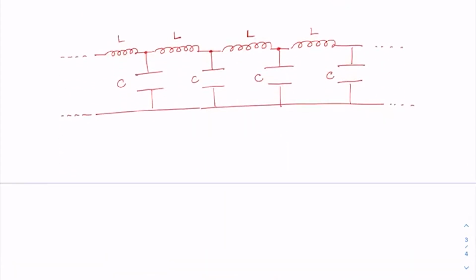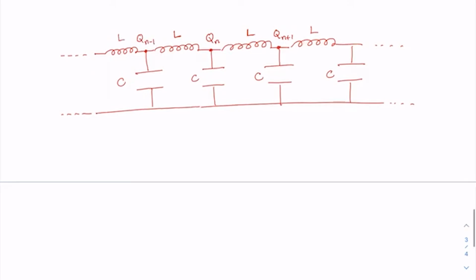Say there is a charge at every node and there is current flowing between the nodes. Say charge Q, denoted as Qn in the nth node, and in the n plus 1th node the charge is denoted as Qn plus 1, and in the n minus 1th node the charge is denoted as Qn minus 1, and so on.